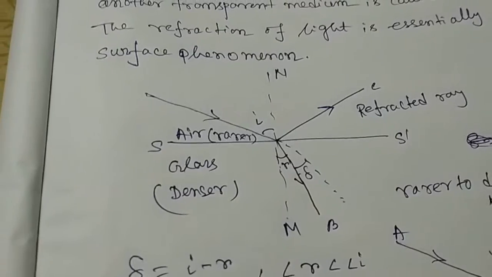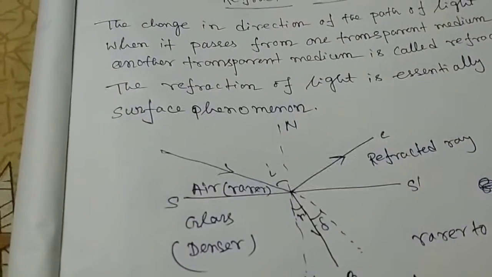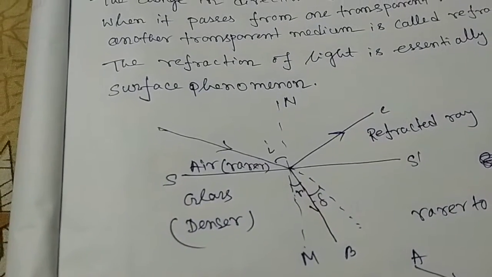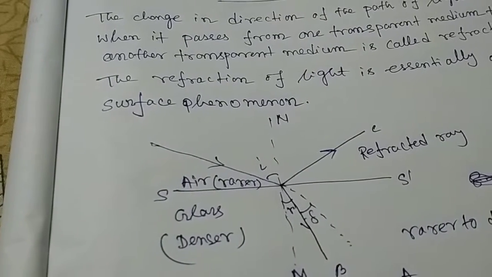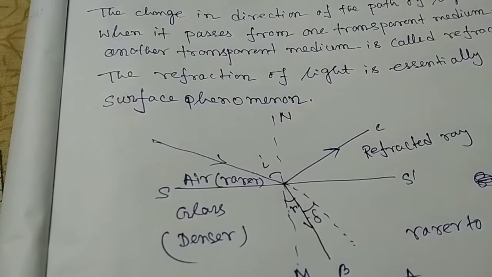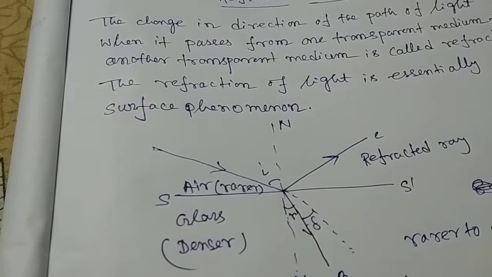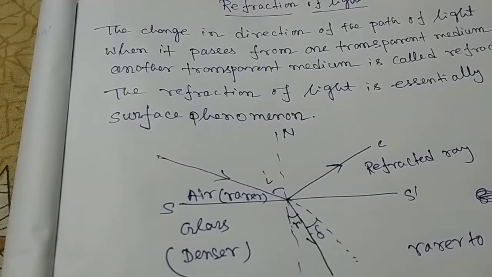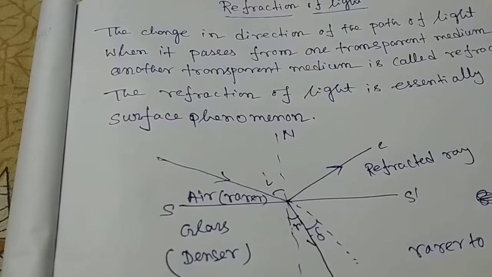In a transparent medium, light travels in a straight line path, but when a ray of light traveling in one transparent medium strikes obliquely at the surface of another transparent medium, a part of light goes back to the same medium obeying the laws of reflection and is called the reflected light.